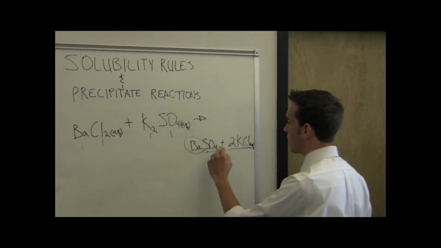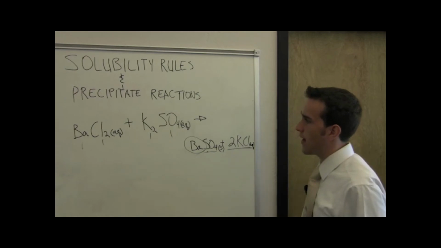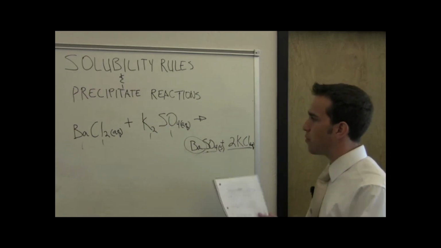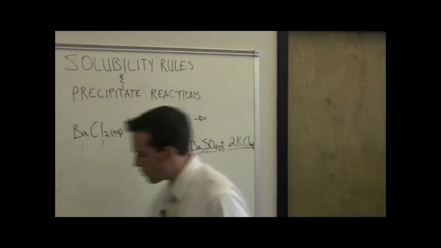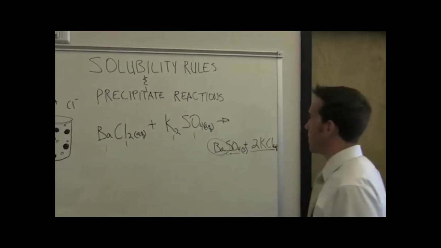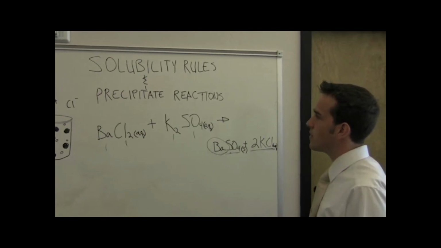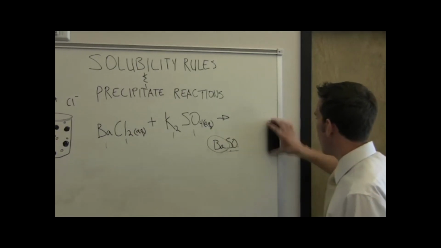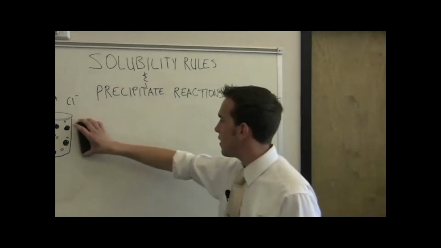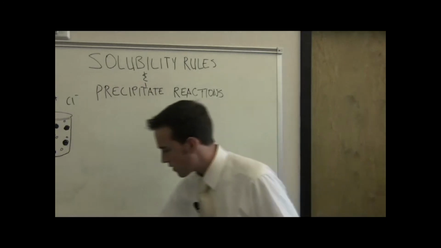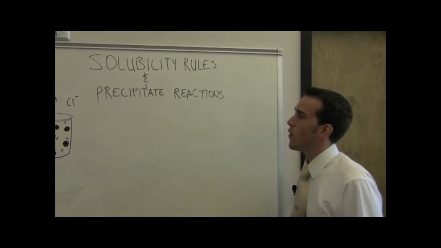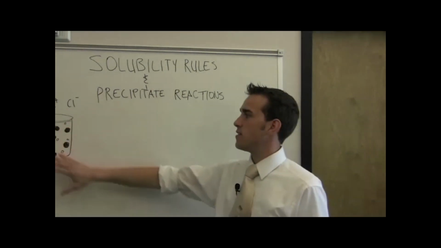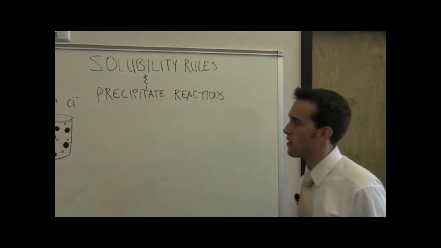So this will be a solid. Again, we have a precipitate reaction. And as you practice with these and become more familiar with the solubility rules, you'll be able to tell whether they are precipitate reactions, where they form a cloudy appearance in the solution, or whether all of the ions together can exist just as ions, soluble and dissociated.